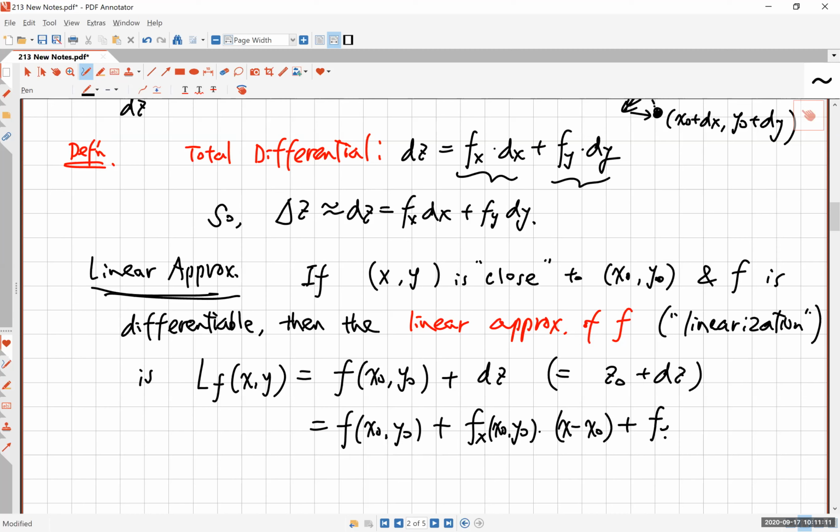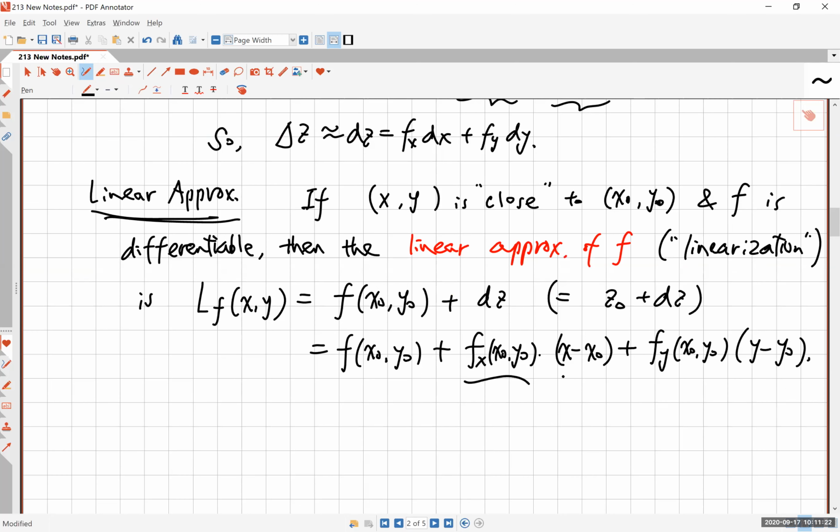Then you add the y component, which is f sub y at x naught, y naught, times y minus y naught. Again, this can be written simply as f sub x dx, and this as f sub y dy. So you add how much you are going to increase z by in the x direction and in the y direction, and you add that to the original z value, and that is going to give you the linearization.